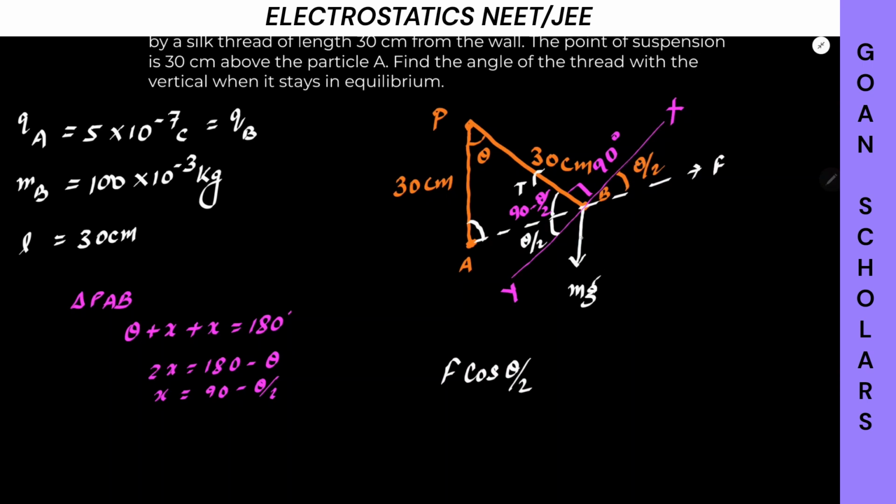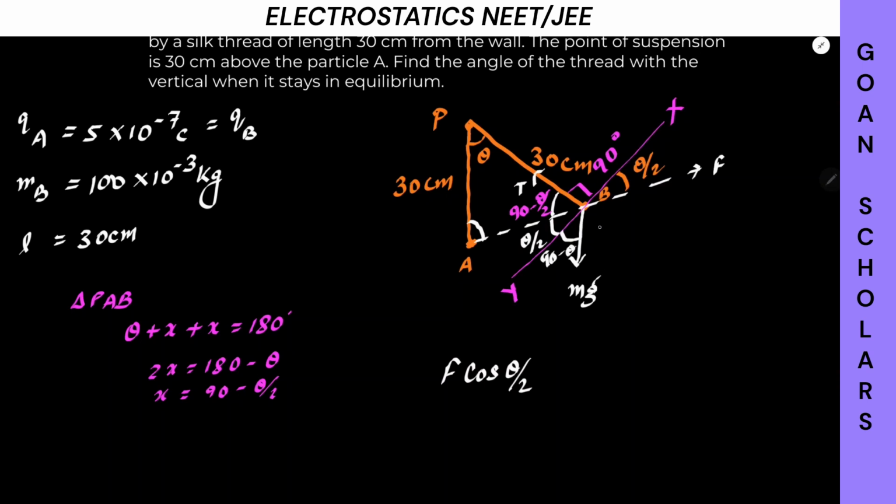And what will be the component of mg? See, mg is vertically downward, right? So if it is vertically downward, then what will our angle here be? Let's find this angle also.